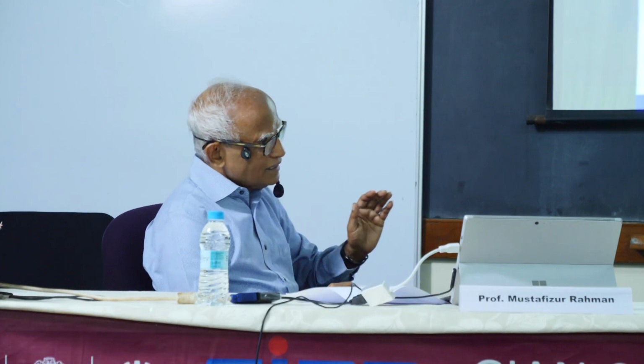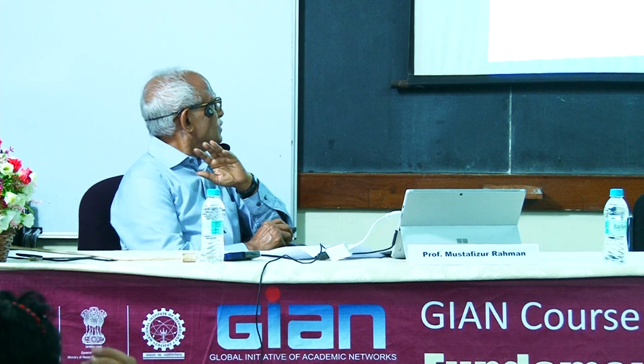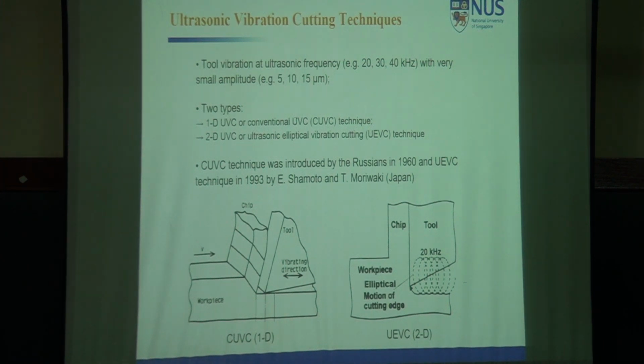After that, it pulls the tool behind, cutting force is significantly low, and you can machine any material. With this ultrasonic vibration device also you can machine steel, but the problem is tool life is short. Whereas if you use the elliptical vibration device, your cutting force is very low and tool wear is very less, heat concentration on the cutting tip is very little, so tool life is very long.